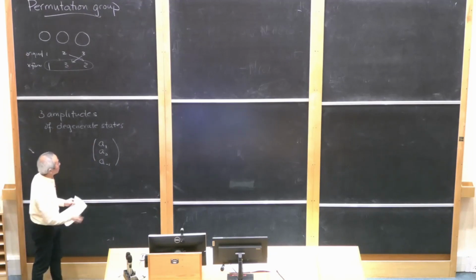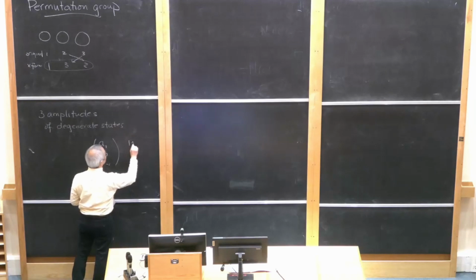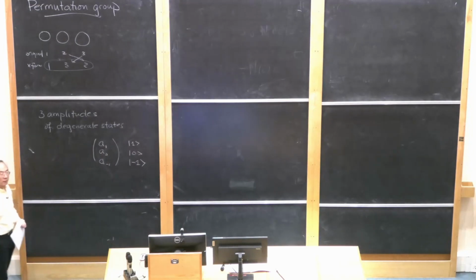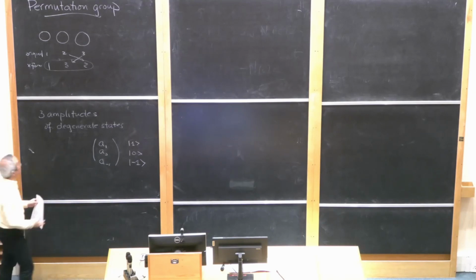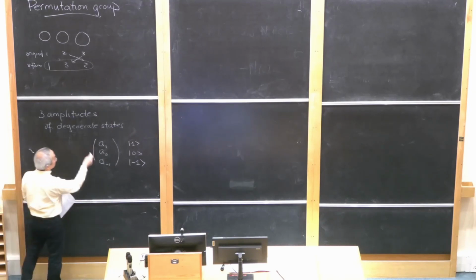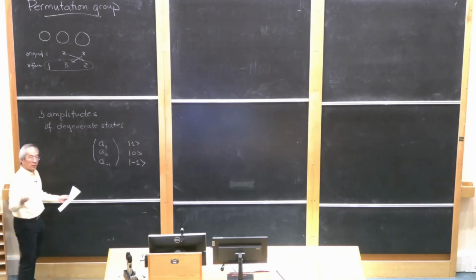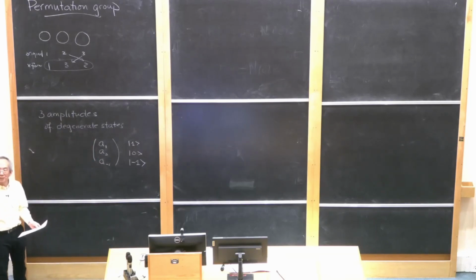So just 3 amplitudes, and let's say that's state 1, state 0, state -1. Okay, and if you're thinking L equals 1 angular momentum state, that is indeed where this picture is coming from. If you were to swap any of these amplitudes, you basically still have the same system.